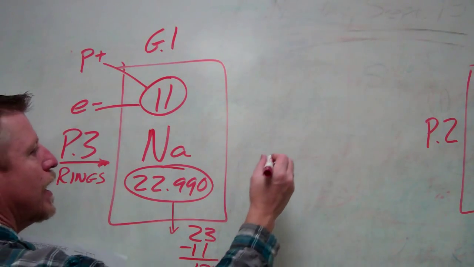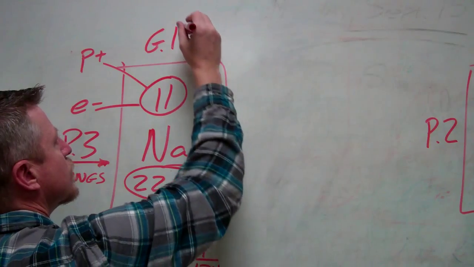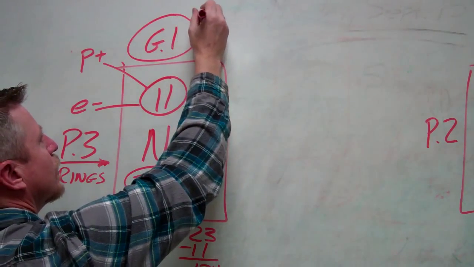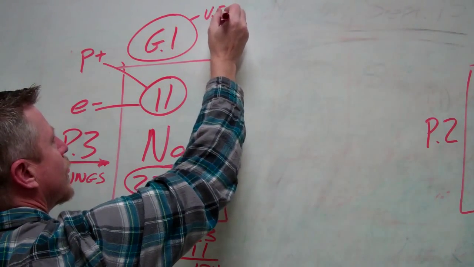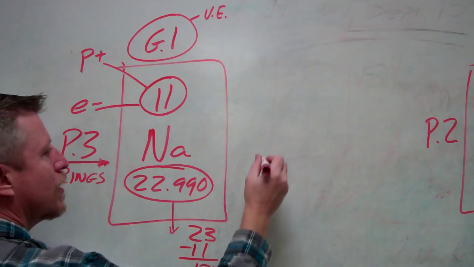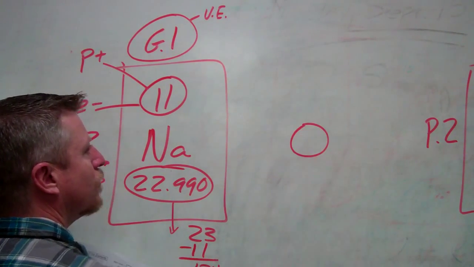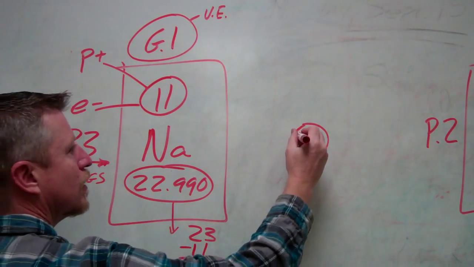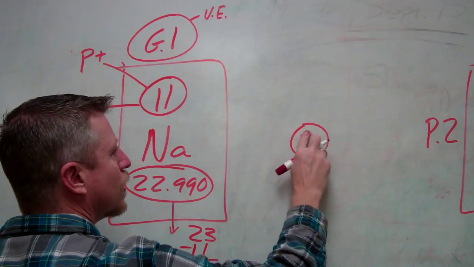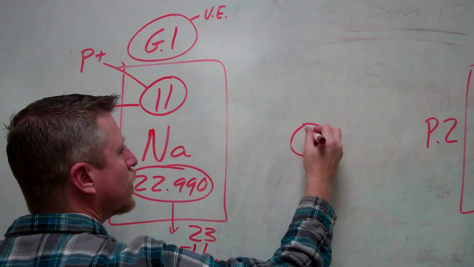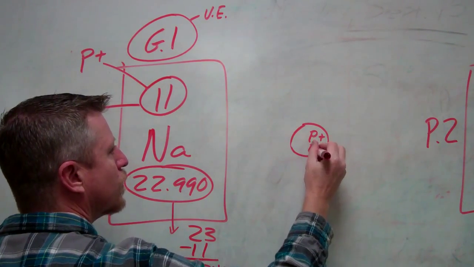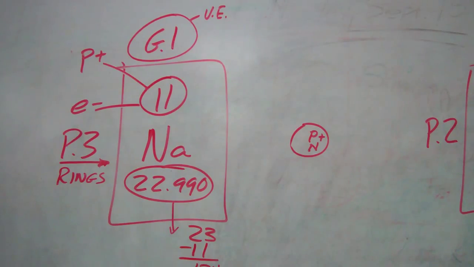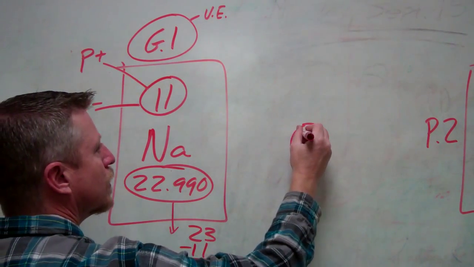Okay, now, also remember this number should tell me the valence electrons, the ones in the outer ring, so when I check myself. Okay, so I'm going to start with the nucleus. What's in my nucleus? Protons and neutrons. Protons, I'm going to draw that over here. Okay, how many protons do I have? 11.